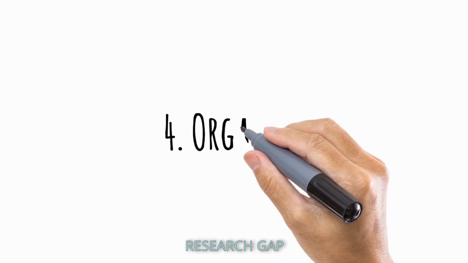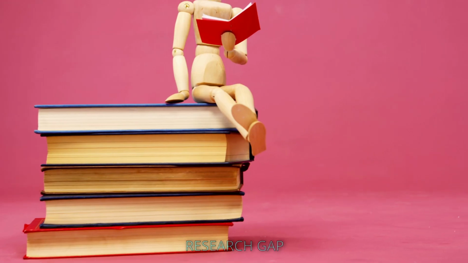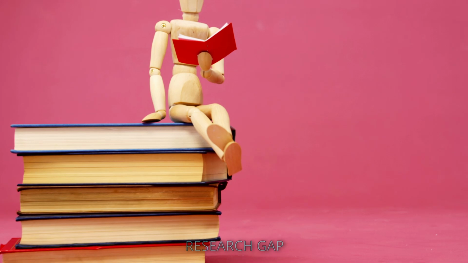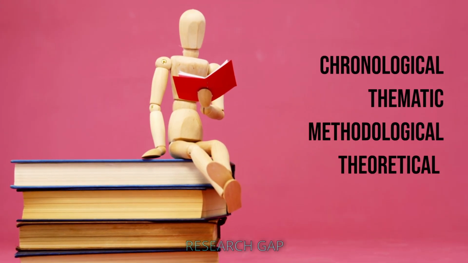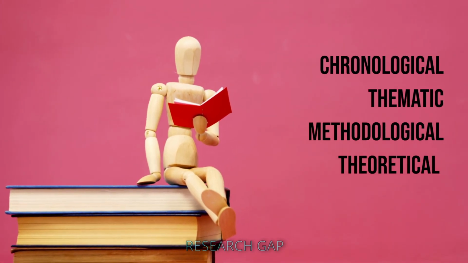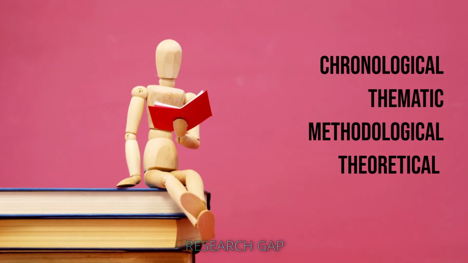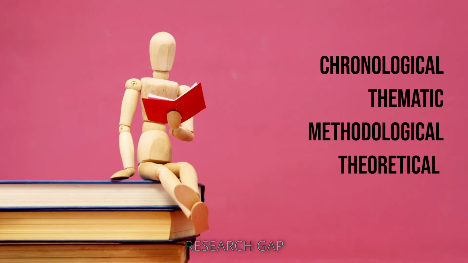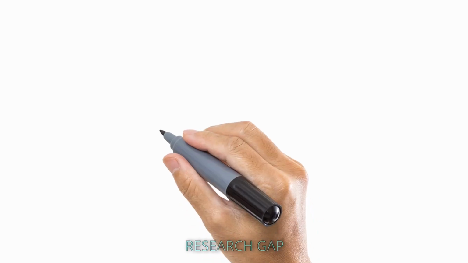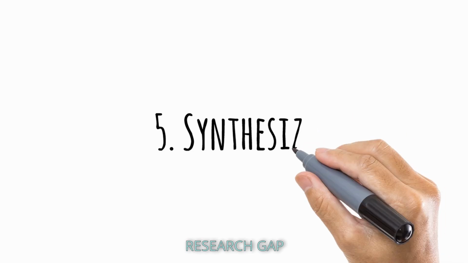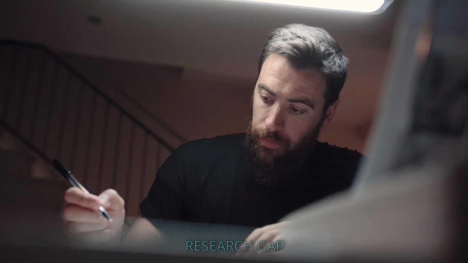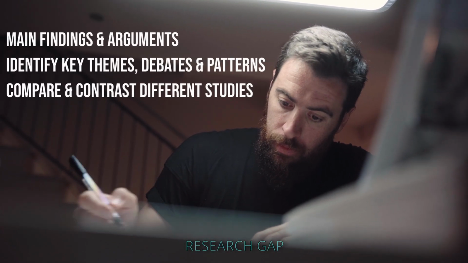4. Organize. Create a structure for your literature review. This could be chronological, organized by publication date; thematic, grouped by key themes or concepts; methodological, grouped by research methods used; or theoretical, organized around different theoretical perspectives. 5. Synthesize. Summarize and synthesize the main findings and arguments of the literature.